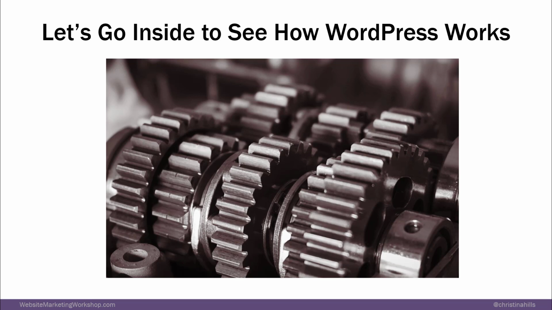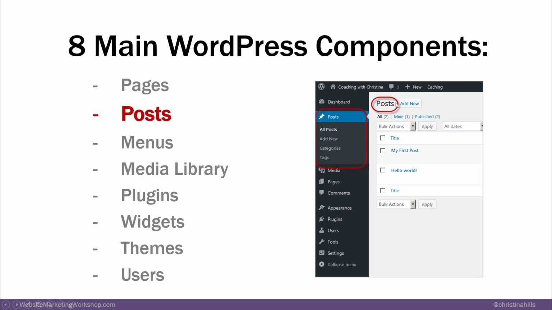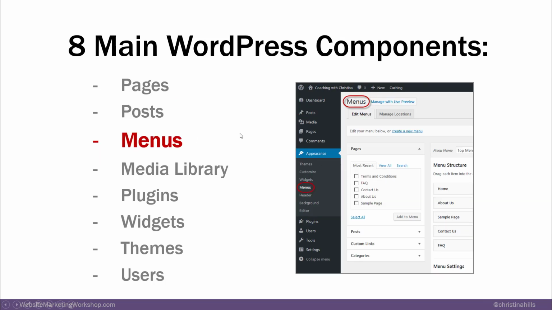All right, so let's go inside and see how WordPress works from the inside. As I mentioned, there are these 8 main components, and the first one is pages. I'm looking at the admin dashboard on the inside, and you have the pages area, and the posts area, that's where you write your blog posts. The menus area, that's where the menus on the top of your site are.